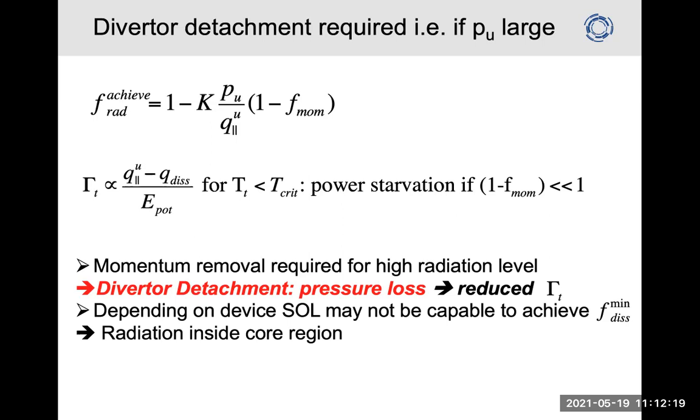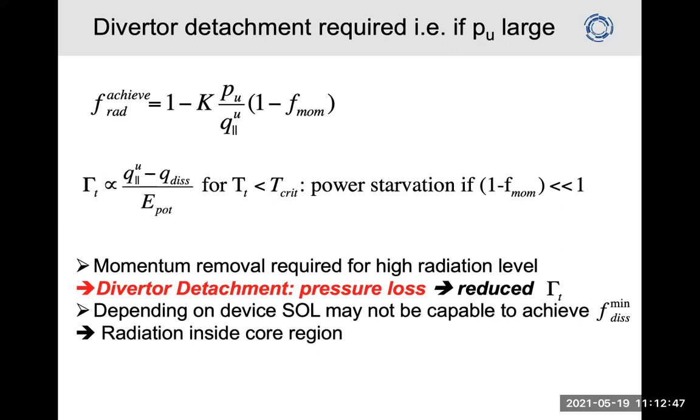Because the parallel heat flux to the target is proportional to the pressure at the target times the square root of the temperature, for current devices like TCV, or even to some extent, if there's not too much heating power, ASDEX Upgrade, you can reduce the power flux to the target below critical levels for the components just by reducing the temperature without reducing the pressure.